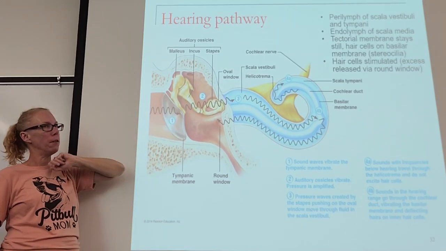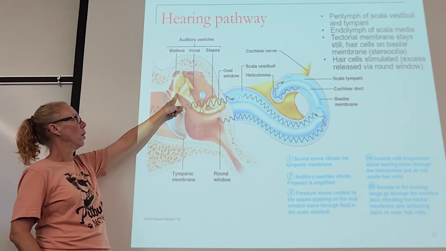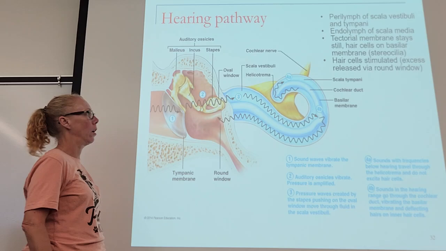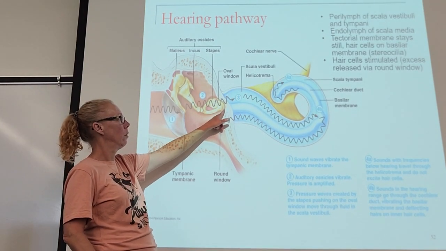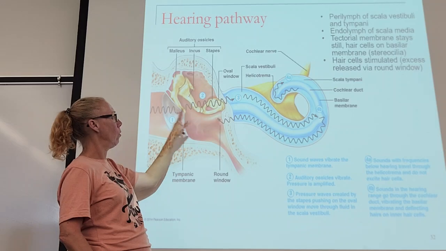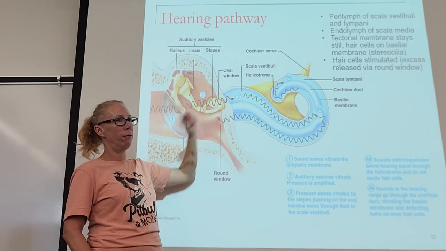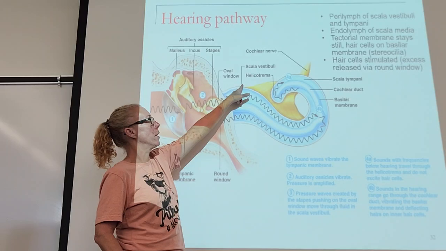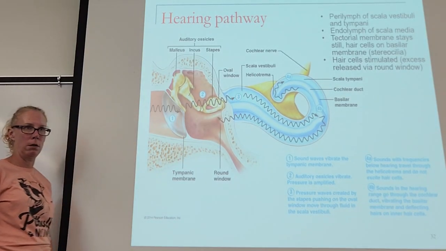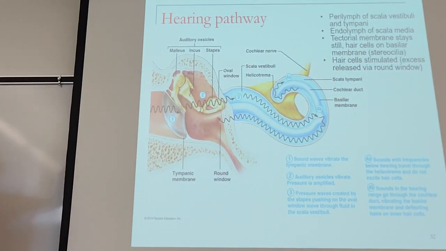Okay, so that's going to vibrate the tympanic membrane, which is going to vibrate 1, 2, 3 ossicles. And the stapes is attached to the oval window. So here we're going from air only, now we're going into fluid. Okay, so the oval window opens up into the scala vestibuli. And it's going to vibrate the perilymph. Okay?